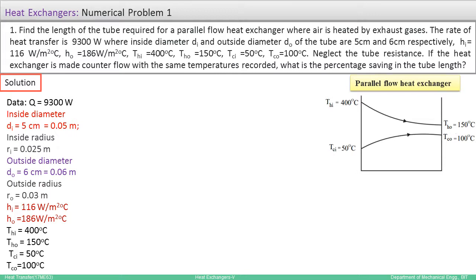Ri is di by 2, similarly Ro is d naught by 2. Hi, H naught listed out, all the temperatures recorded, and whenever all the temperatures are known to us, that is both inlet and outlet temperatures of hot and cold fluids, it is always best to follow the LMTD method, logarithmic mean temperature difference method.